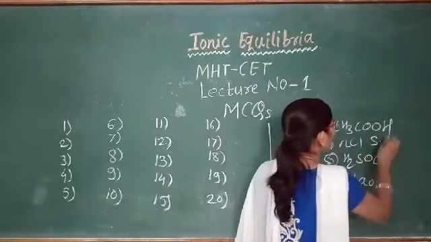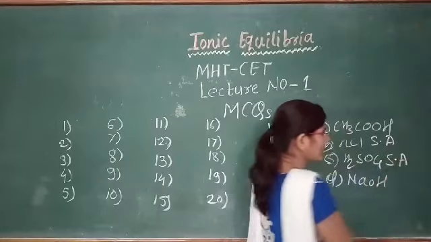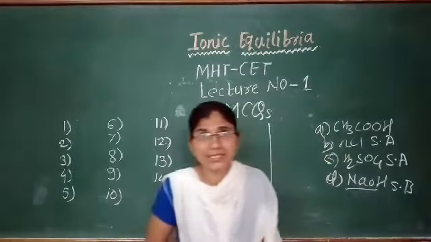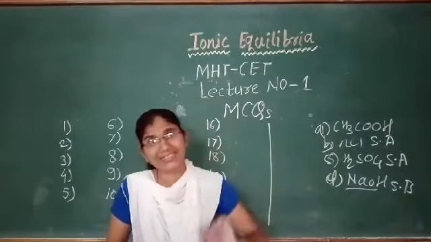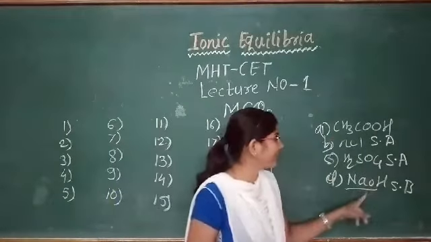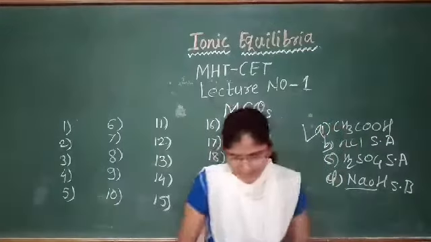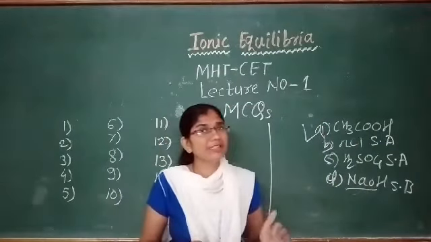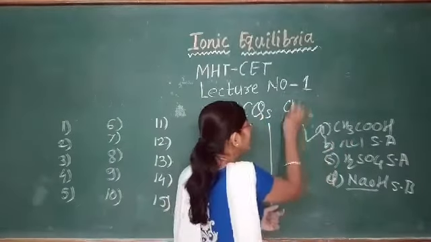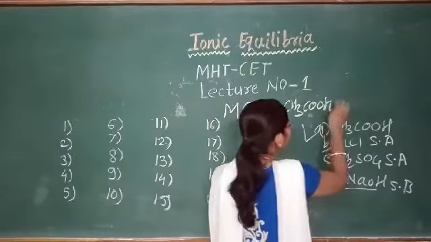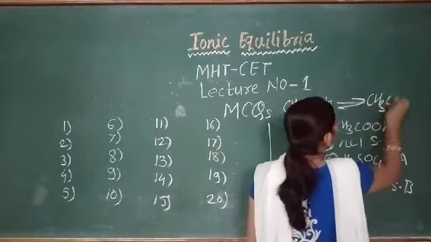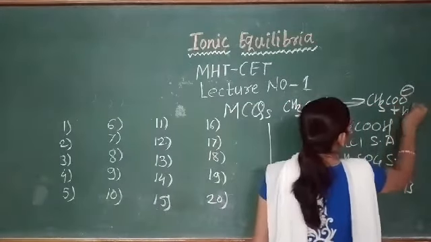This is a strong acid, this is also a strong acid, and this is a strong base. All the strong acids, strong bases and salts are strong electrolytes, and therefore, which of the following is not a strong electrolyte? Acetic acid is not a strong electrolyte because it dissociates partially into its ions.